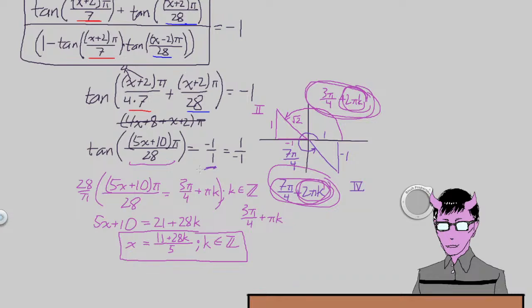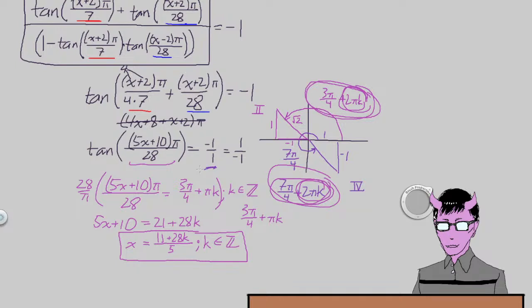Tangent of x plus 2, and then that's pi, pi over 7, plus the second term, which is going to be tangent of x minus 2, times pi over 28. That's going to be equal to tangent.